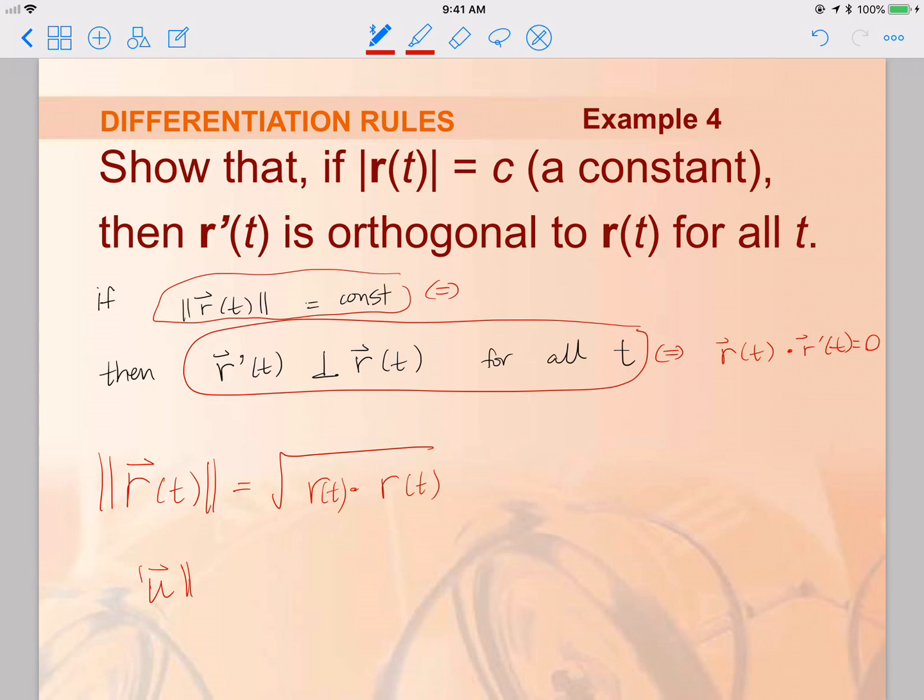So the magnitude of u is equal to the square root of, say, u1 squared plus u2 squared plus u3 squared, right? But that's just the square root of (u1, u2, u3) dotted with (u1, u2, u3). Does that make sense?